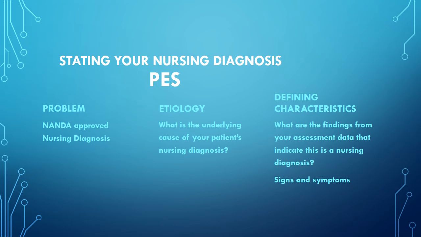These defining characteristics cannot be conjured up. They have to be found in your assessment data. Maybe it's that admission assessment data that you are identifying these defining characteristics.